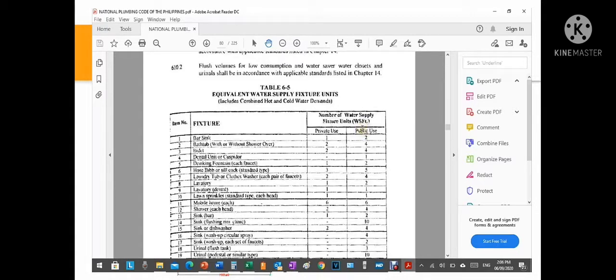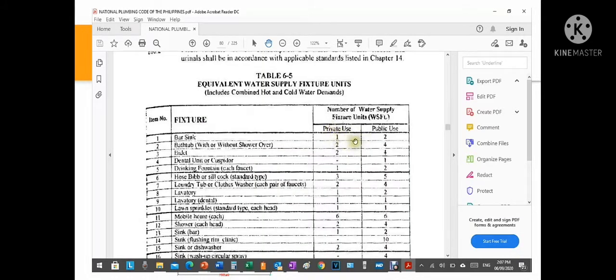WSFU, or fixture unit, represents the demand of water, how heavy the demand is when we use that fixture. For example, a bar sink has 1 for private use and 2 for public use. A bathtub has 2 water supply fixture units for private use and 4 for public use.